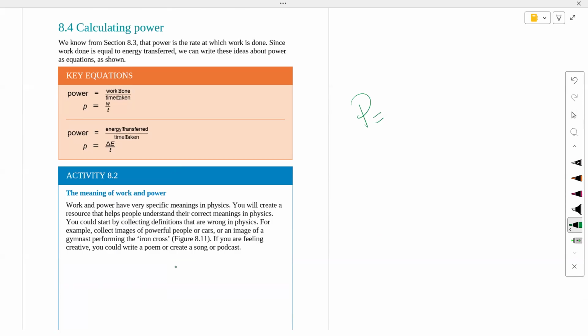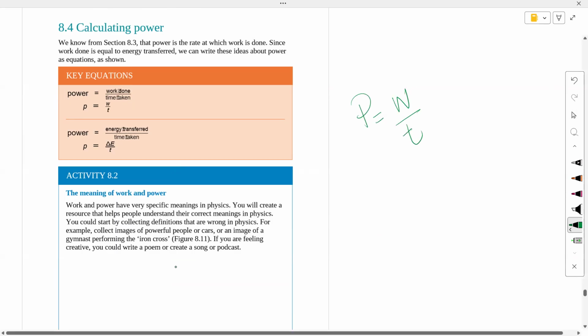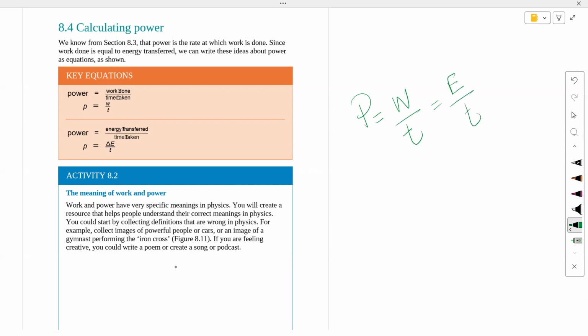We have discussed that power is equal to work done over time. So we can also say power is equal to energy over time, because work done and energy are equal to each other.